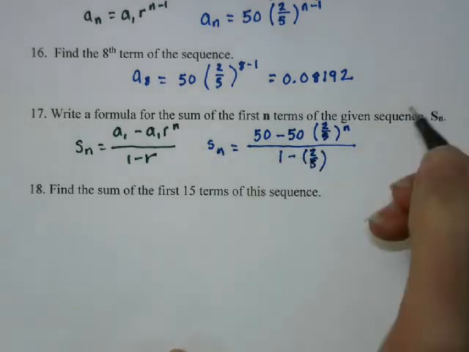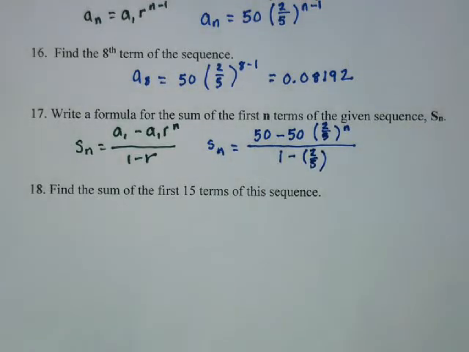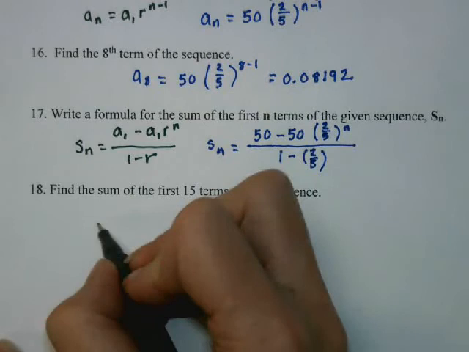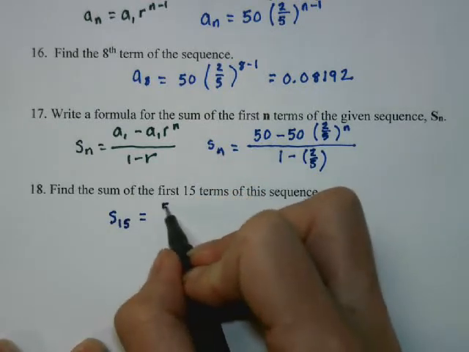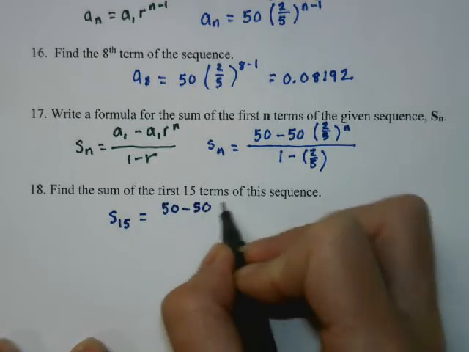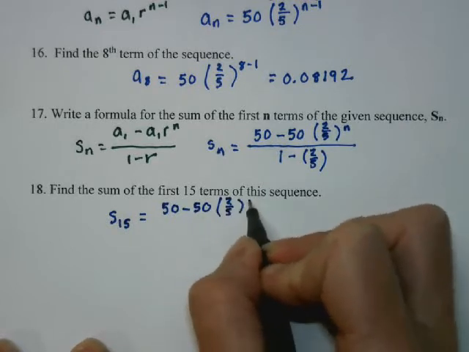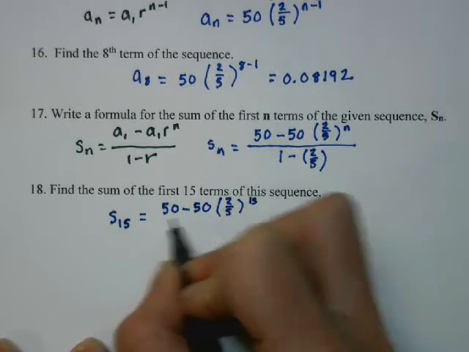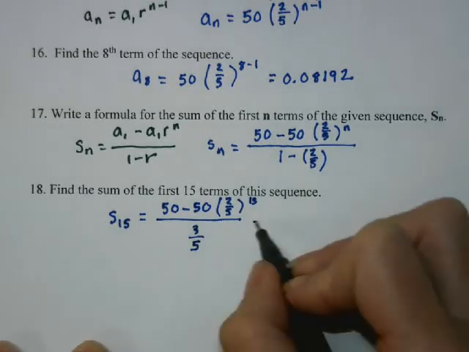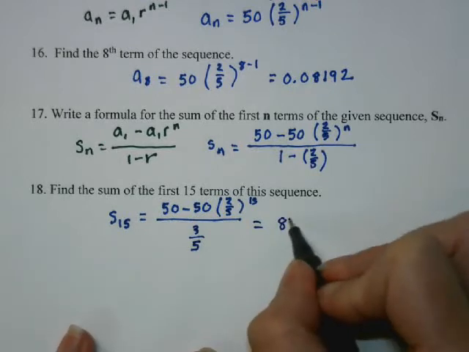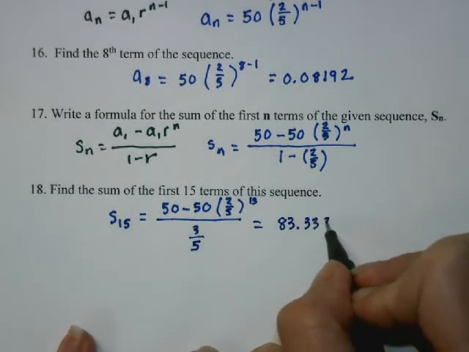And you can leave it just like that. So for the sum of the first 15 terms, that's going to be 50 minus 50 times 2/5 to the 15 over 3/5, which is going to be 83.333 repeating.